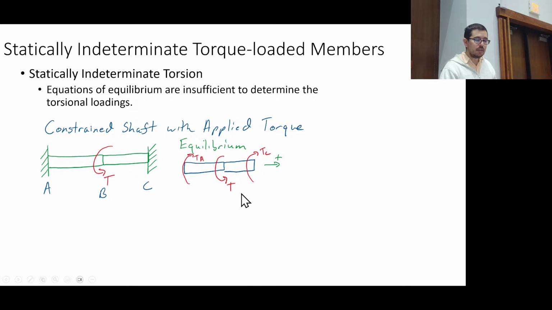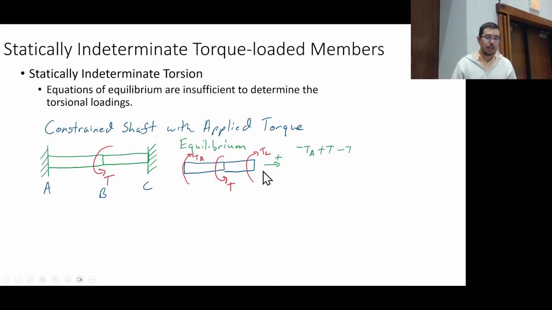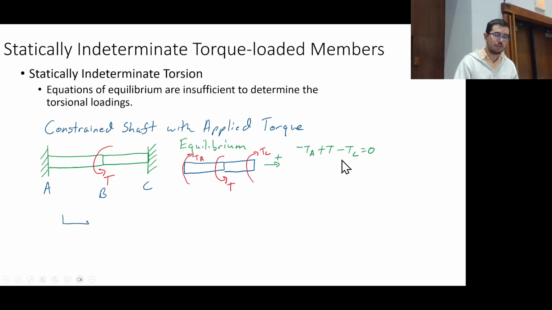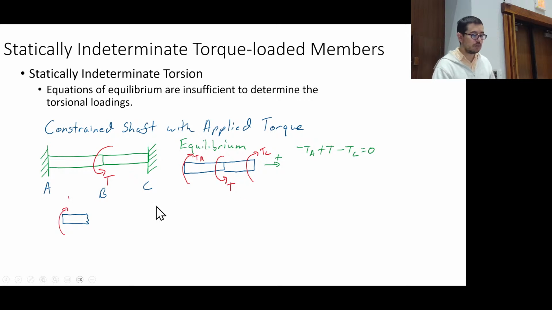We can say there's an internal torque, TA, which would be equal to the reaction torque from the wall. There's an internal torque, internal torque TAB is how we usually call it, and that's equal to TA, which is the torque at the wall. There's an internal torque TBC, which is equal to TC, which is at the wall. And if we do the external equilibrium, we have the following, and then we can do the internal equilibrium.